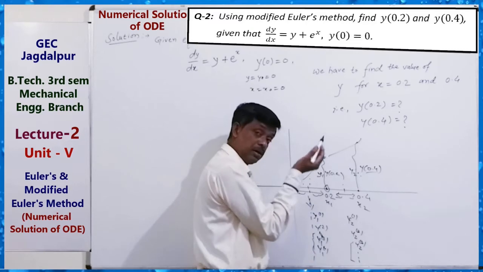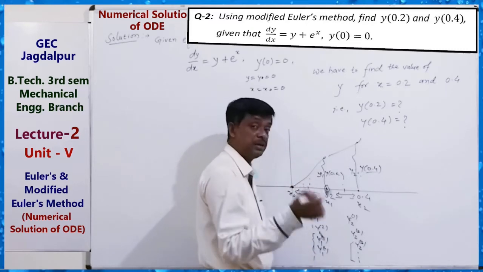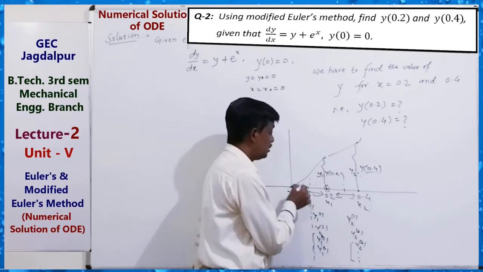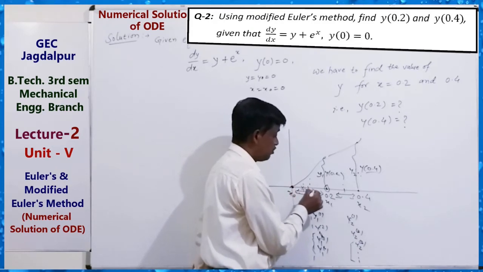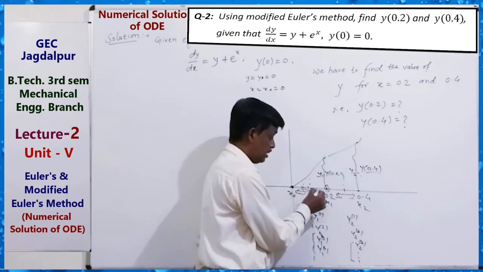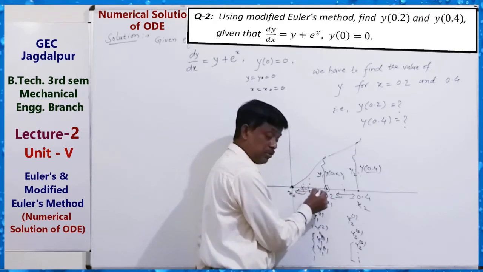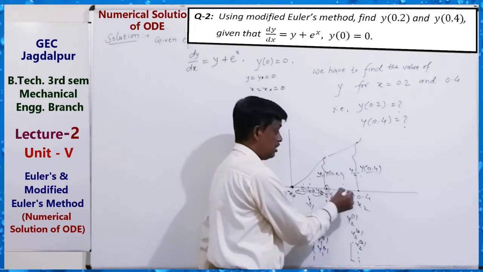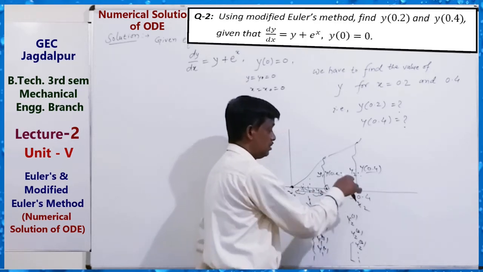So if in this interval the approximated value is y1, we use it from here, the best approximated value. And if y2 is the approximate value, then it is used here, and finally we can get up to here.